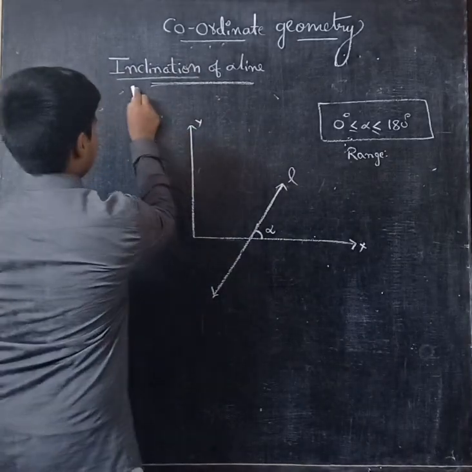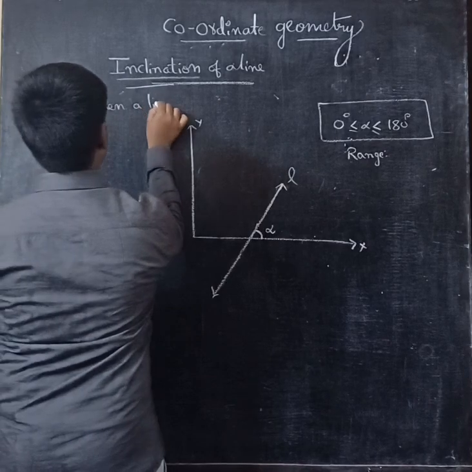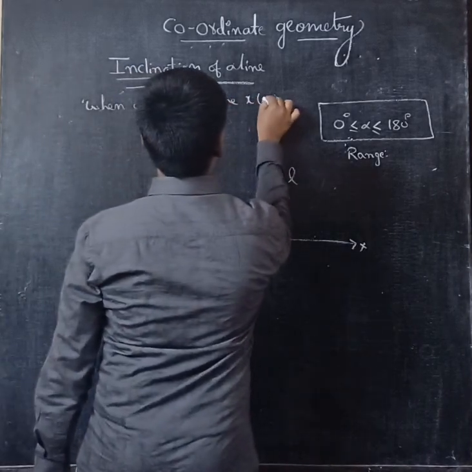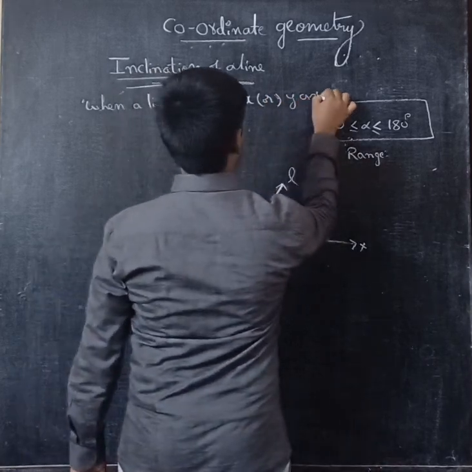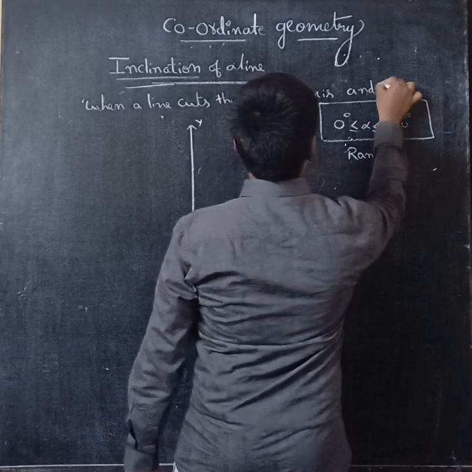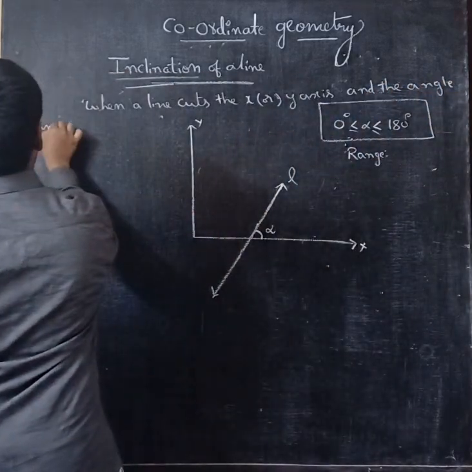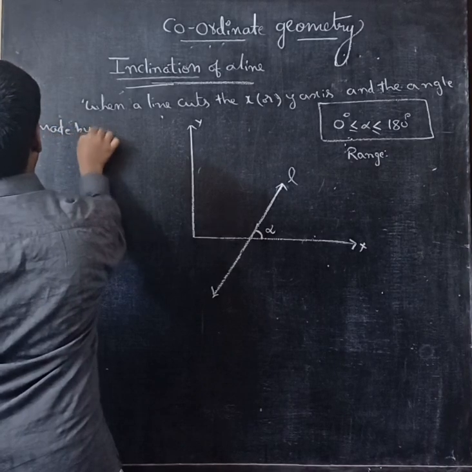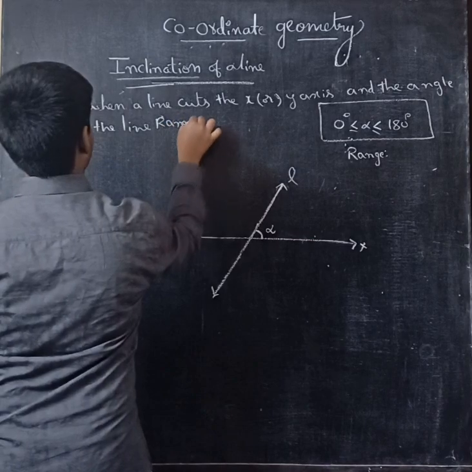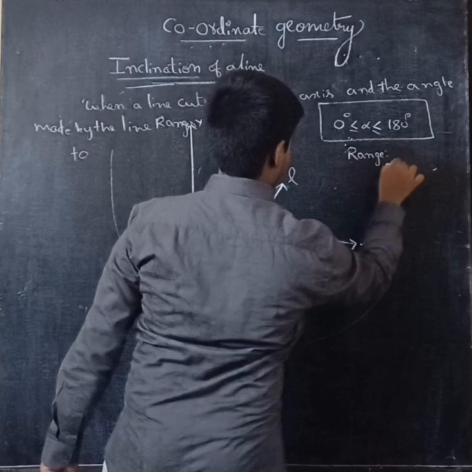Okay, this is the inclination of a line: when a line cuts the x or y axis, the angle made by the line ranges like this.